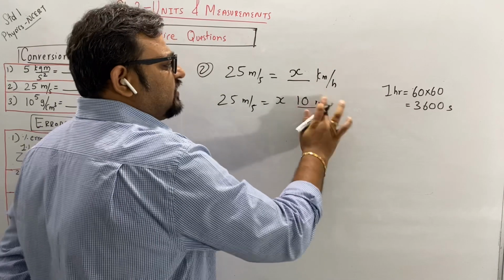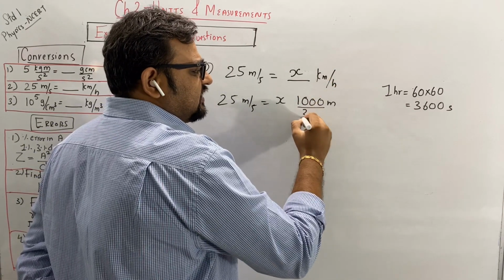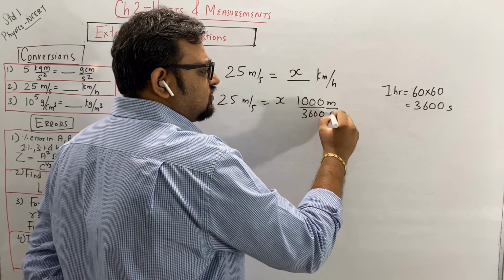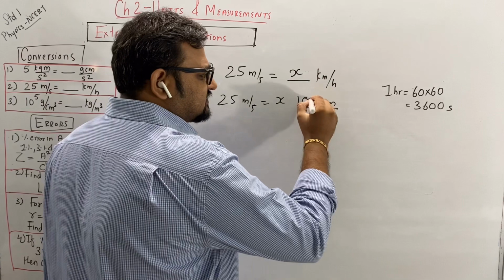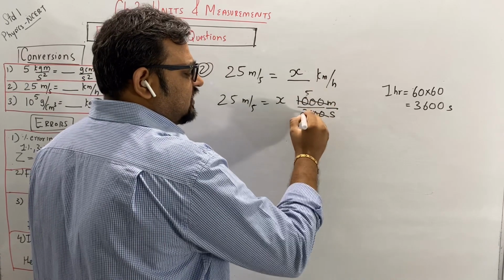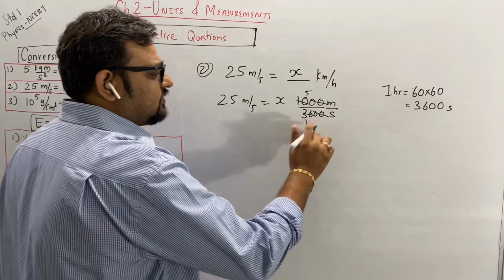Let me write here in thousand only, and 3600 second. Clear? So the two zeros get cancelled. Two fives are ten, two 18s are 36.